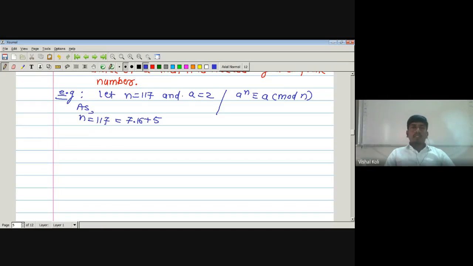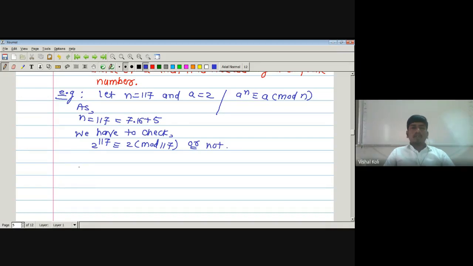We have to check whether 2 to the power 117 is congruent to 2 modulo 117 or not. Now as n is nothing but 117 and 117 can be written as 7 into 16 plus 5, as we have to find out 2 to the power 117.